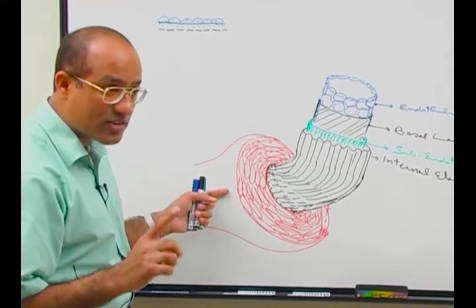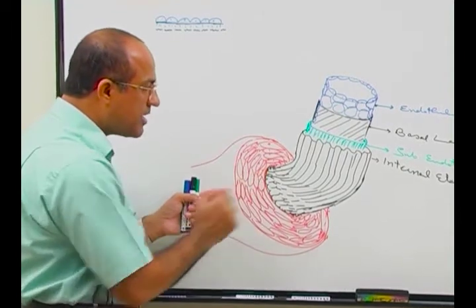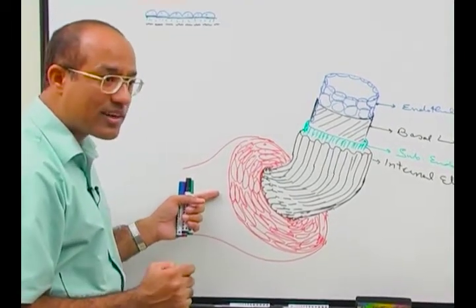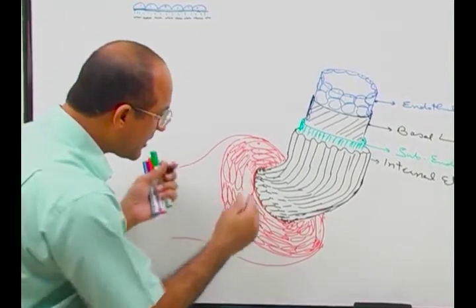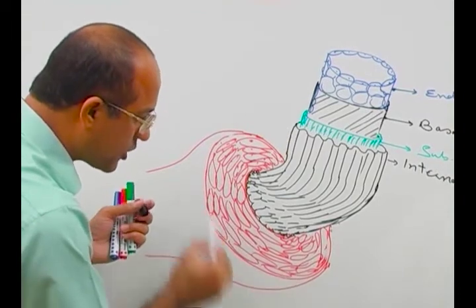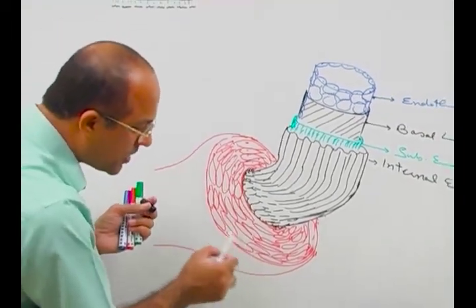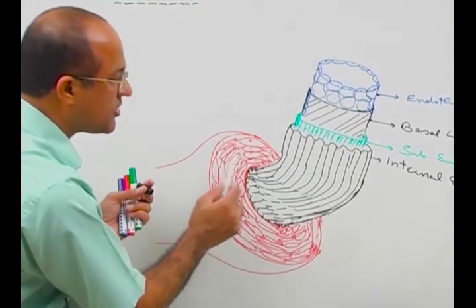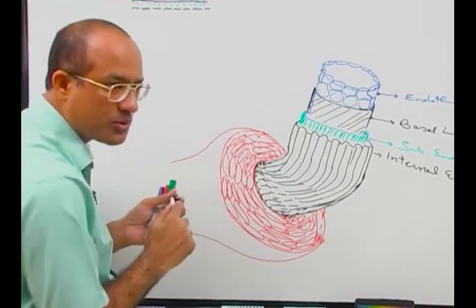In an elastic artery, in the media, there will be many layers of elastic tissue, elastic membranes. But because this is a medium sized, muscular artery, media is mostly muscular tissue, a lot of muscle.